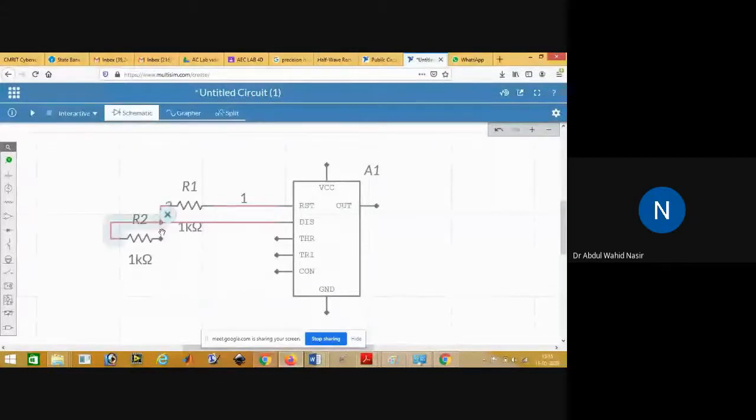Okay, so this is RB. I am making the connection for RB. So the other terminal will be connected to the other point. Then threshold and trigger are shorted. So we have connected the resistors.